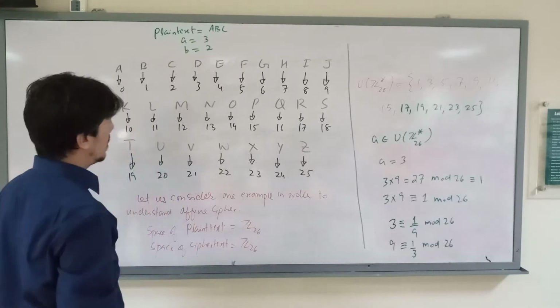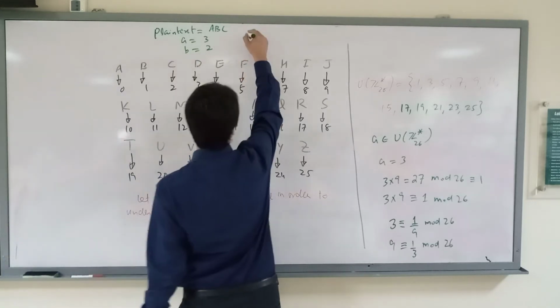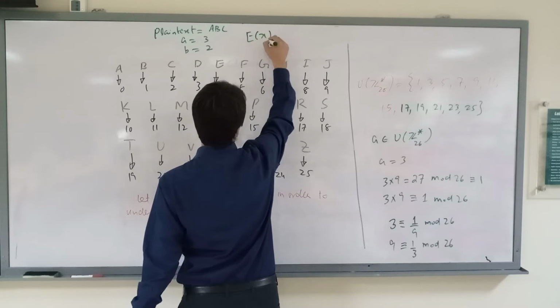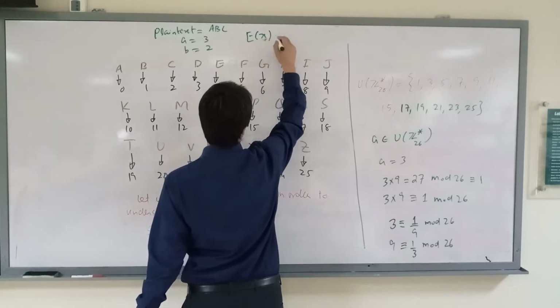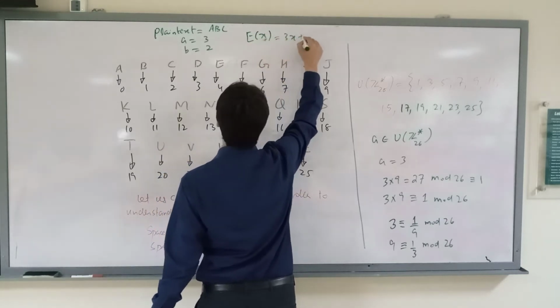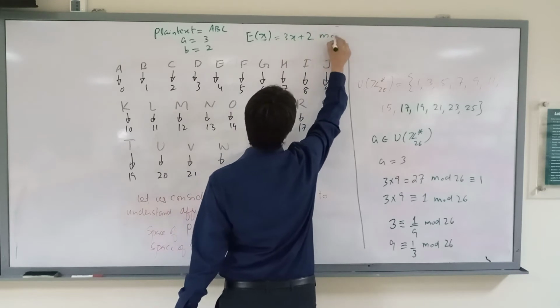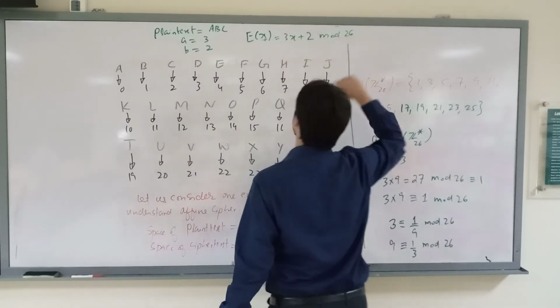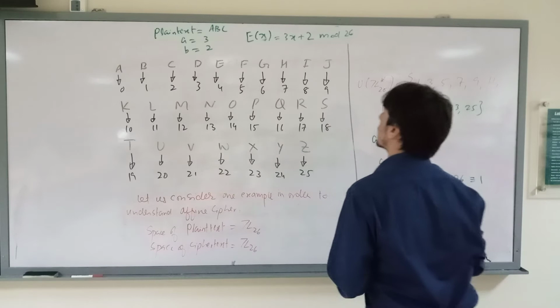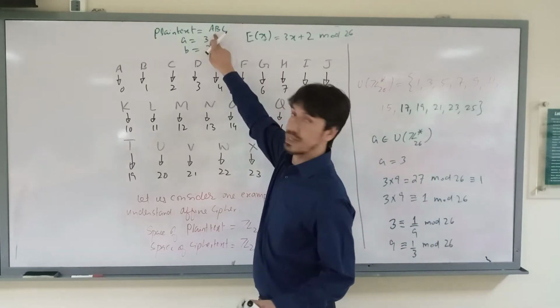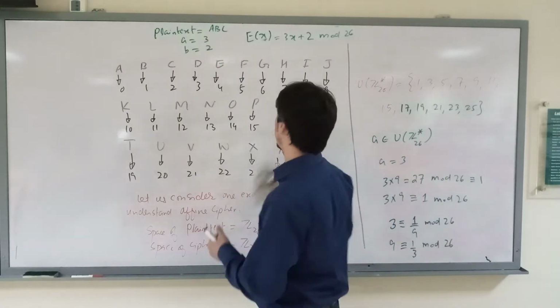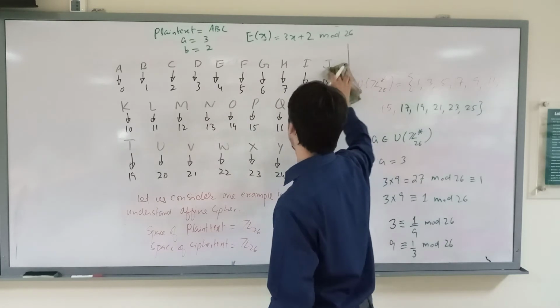My encryption function is 3x plus 2 mod 26. I have to encrypt this plain text A, B, C with the help of this encryption function.